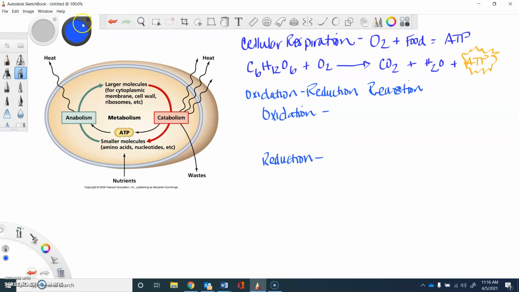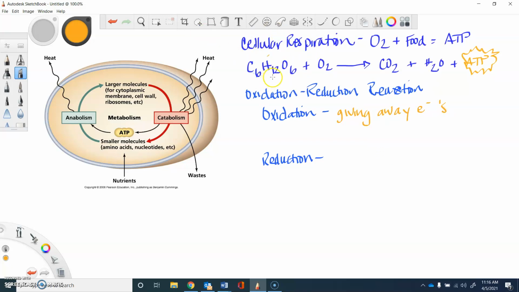So the oxidation, we are oxidizing glucose. This is glucose here. So we're oxidizing glucose, and an oxidation reaction basically means if something is oxidized, it is giving away electrons, getting rid of them, okay?